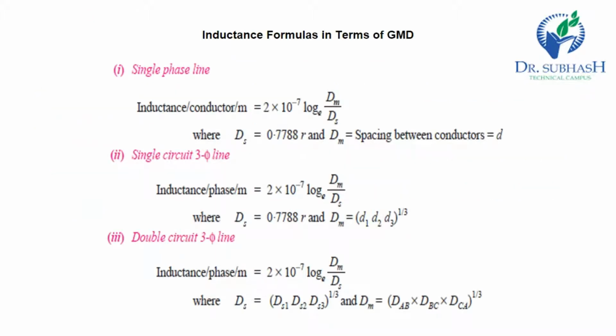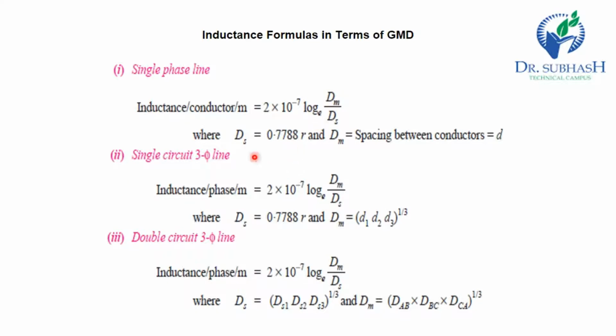Now, the inductance formula in terms of GMD, geometrical mean distance, for a single phase line. Here is the equation for inductance in terms of Dm by Ds, which is the GMD and GMR.